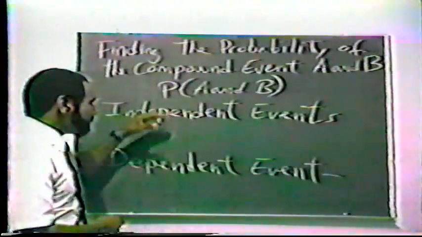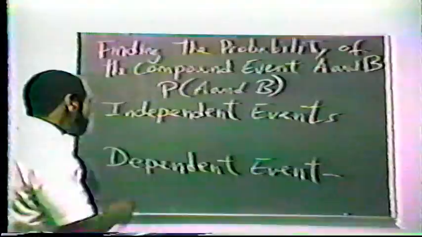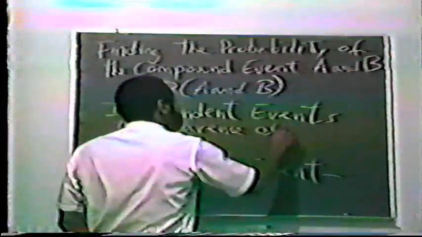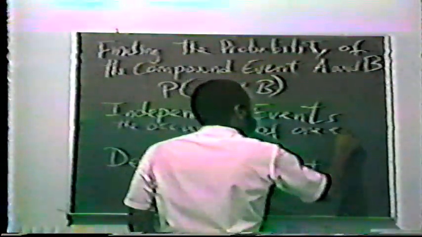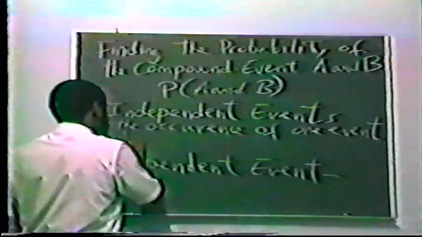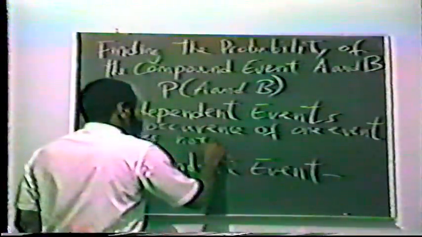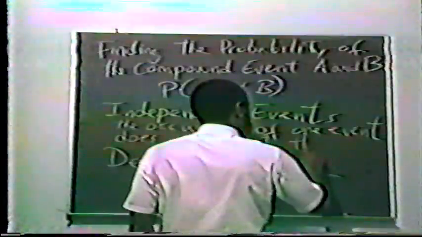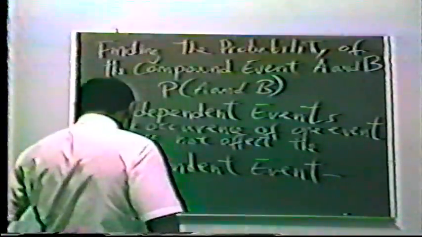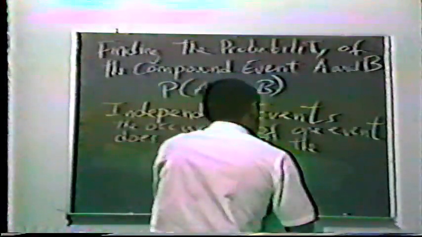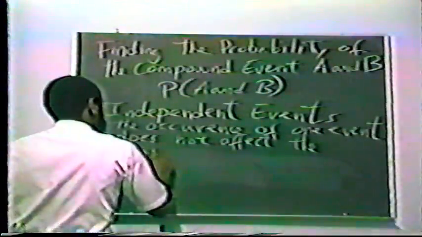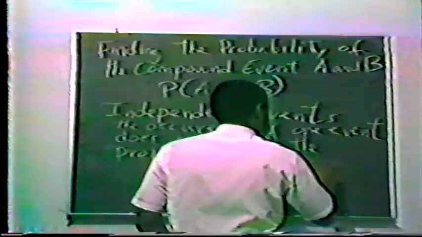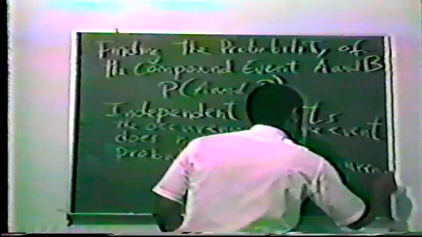Once again, independent events are events in which the occurrence of one of the events does not affect the probability of the occurrence of the other.